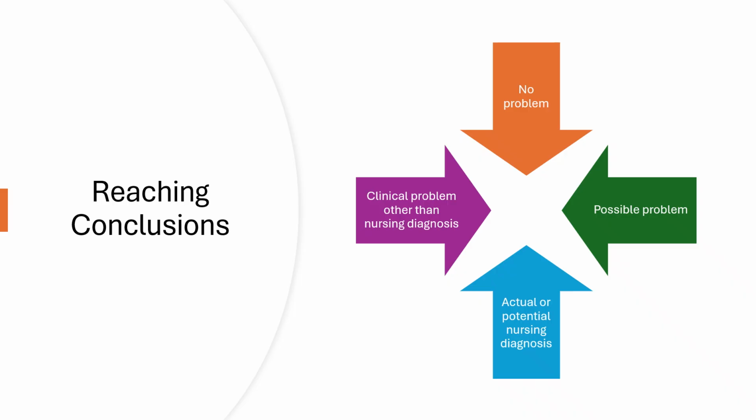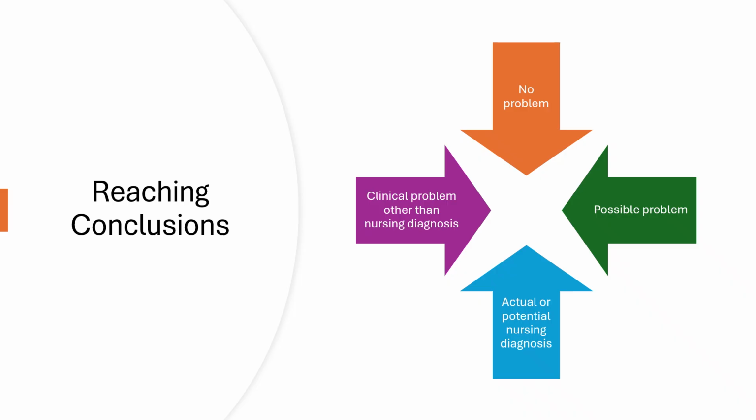You're going to reinforce healthy habits, promote wellness and prevention, and consider a wellness diagnosis if it's appropriate. Or they're going to come to the conclusion that it's a possible problem where more data is needed. This is where you'll need to continue assessing to confirm or rule out any issues.